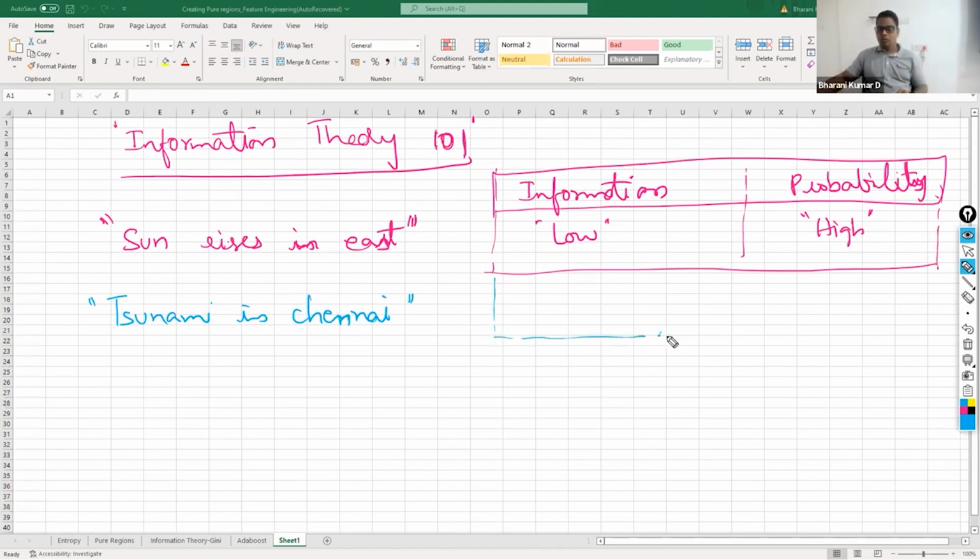It won't happen frequently, right? What is the probability that there will be a tsunami in Chennai? Very low. Whenever probability is low, information will be high. When this flashes on the news channel, you'll be like, oh my God, what happened? So you'll start paying attention because the information contained in it is very high.